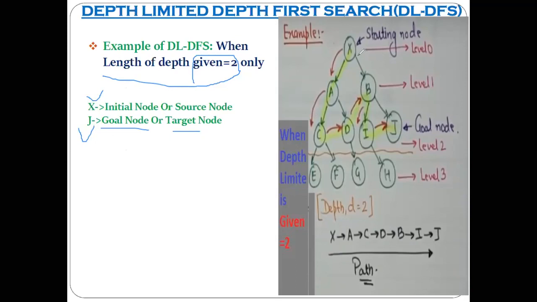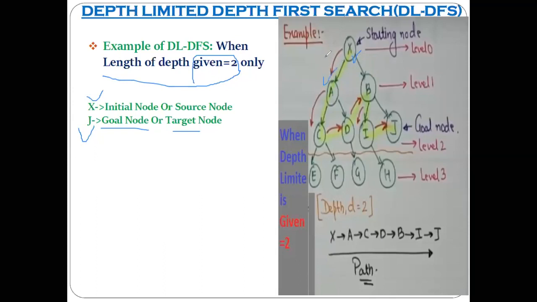According to the DFS, we are using the stack. First you push the element X on the stack. Is X our goal node? No. So you remove X from the stack and then push another.